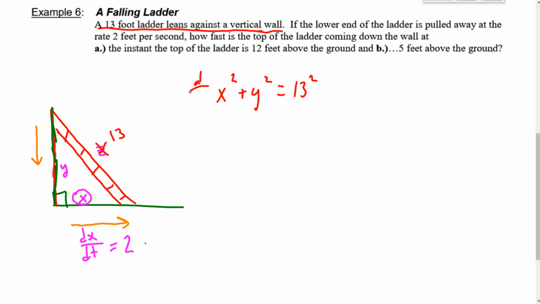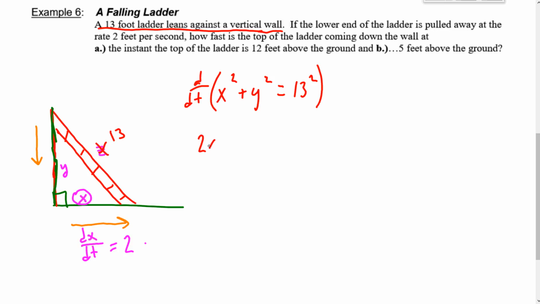And then take the derivative with respect to time. Now I'm only allowed to put this 13 in since it stays constant throughout the problem. Any lengths or angles or volumes or areas that are changing must be put into the original related rates equation as a variable.